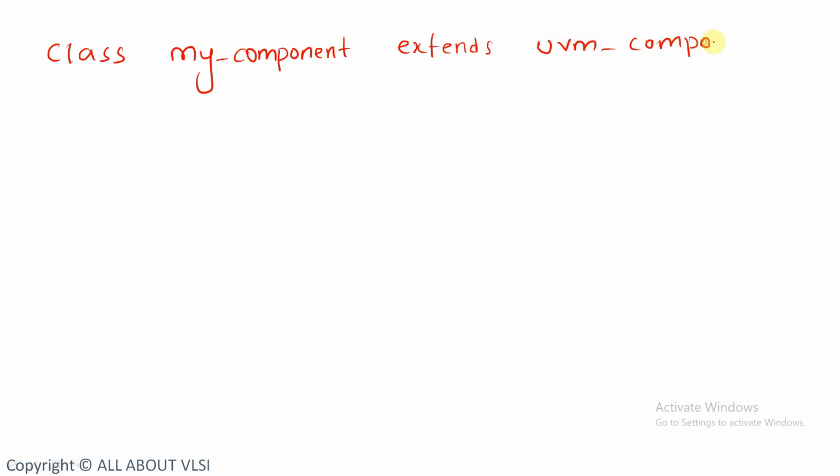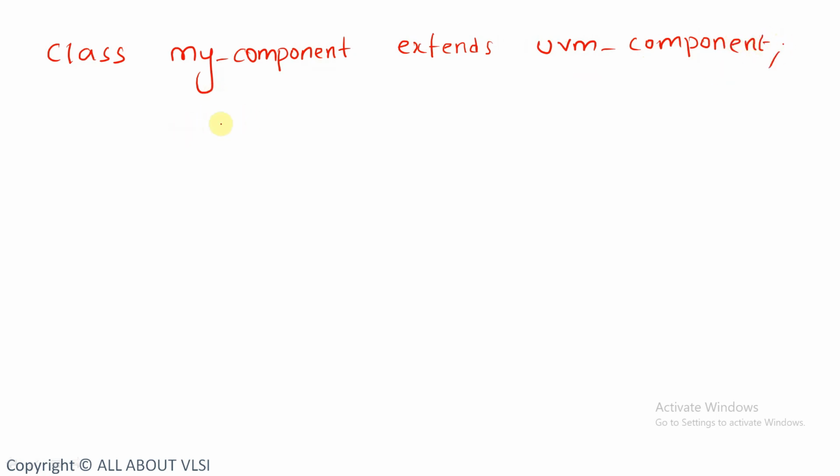So how are we going to register our class? Let's say I have a component class called my_component, which is extending from uvm_component. As I've told, we should always extend from the parent classes.